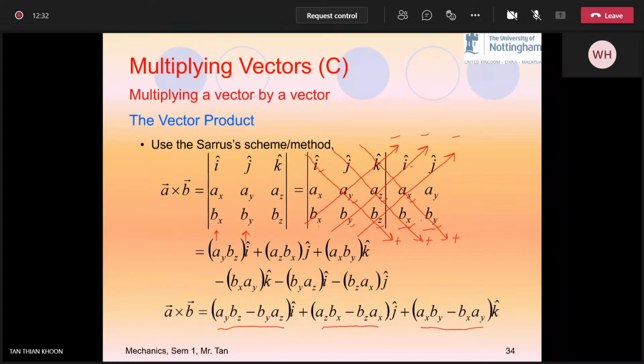The magnitude is the definition of the magnitude of A cross B, which is AB sine phi, and then we use the right hand to find the direction. Right, good. So let us look at an example to enhance our understanding.